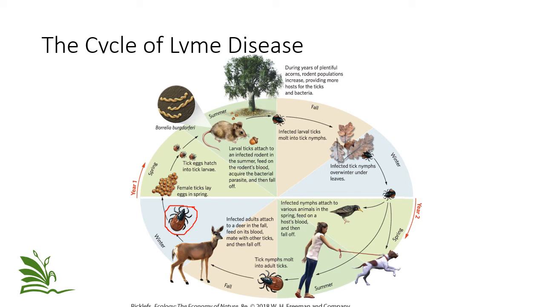Those eggs hatch into tick larvae, and the larval ticks attach to a rodent. Now, when they attach to a rodent that is already infected with Lyme disease, and it's Borrelia burgdorferi, the ticks will feed on the rodent's blood, and the parasite, the bacterial parasite, is transferred through the rodent's blood into the tick.